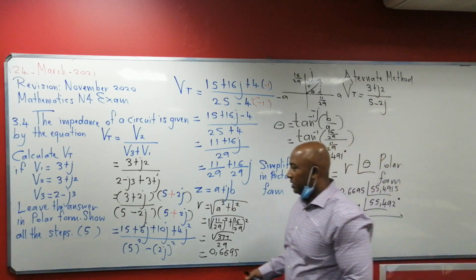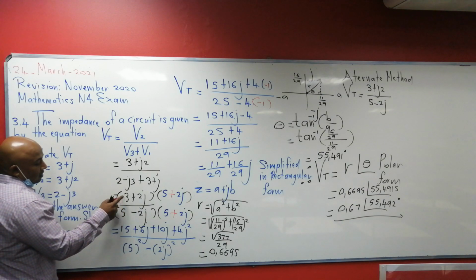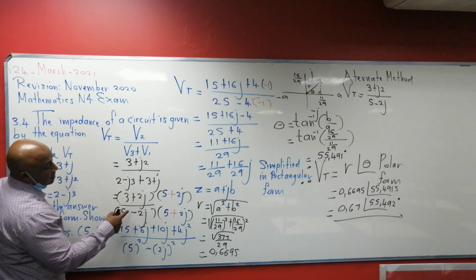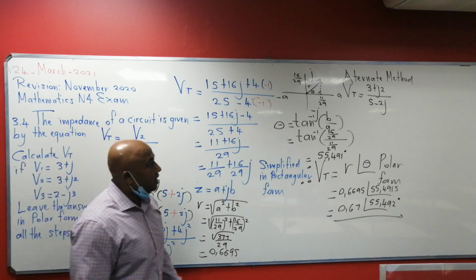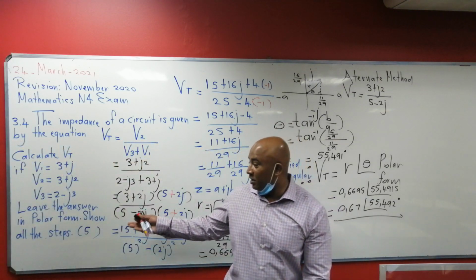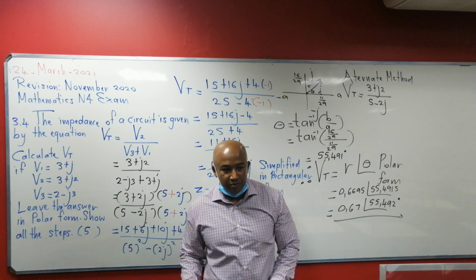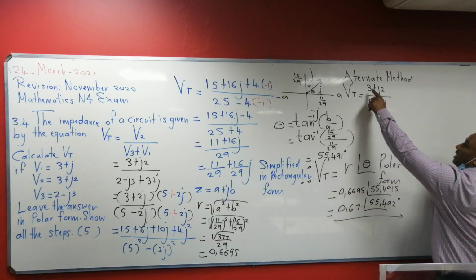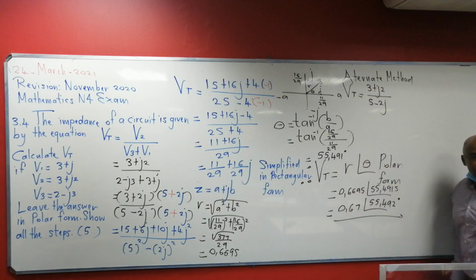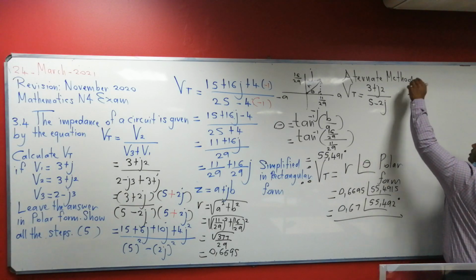I'm talking about this part here. 3 plus 2J as the numerator, 5 minus 2J denominator. What happens now? You're seeing the word polar form there, so you decide, let's convert everything to polar form. There's nothing wrong with that. You can do that. So what we need to do is take 3 plus J2, convert it to polar, and convert this to polar too.